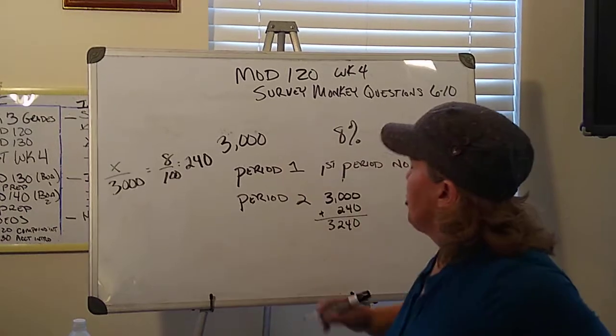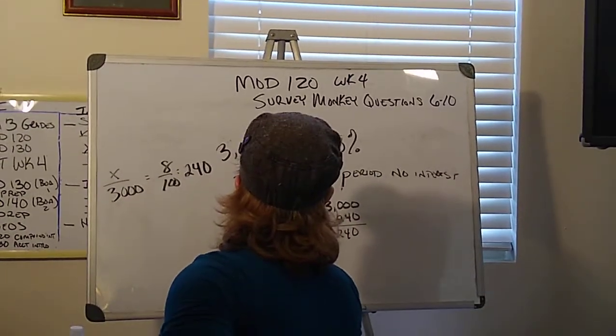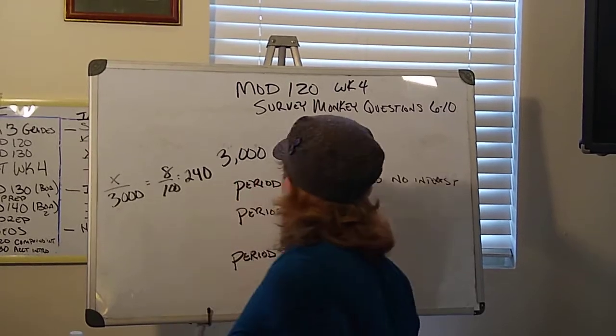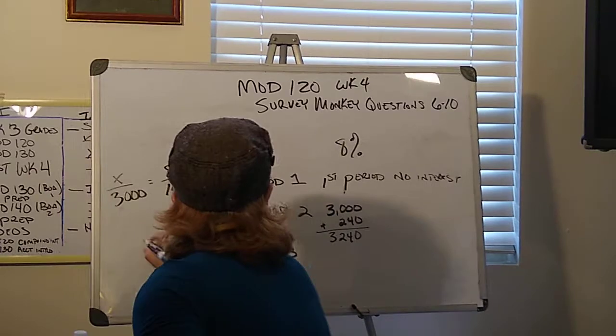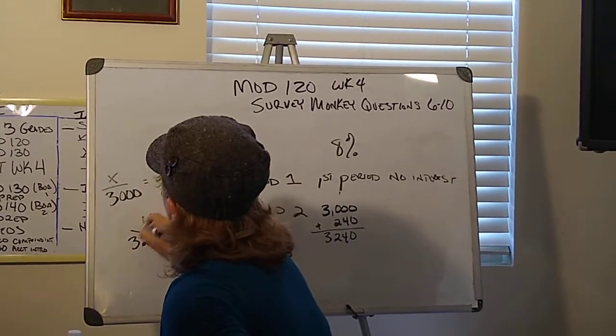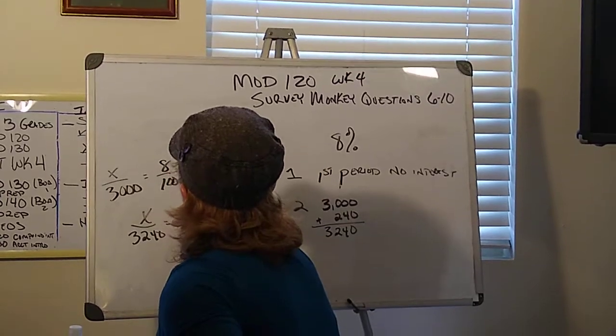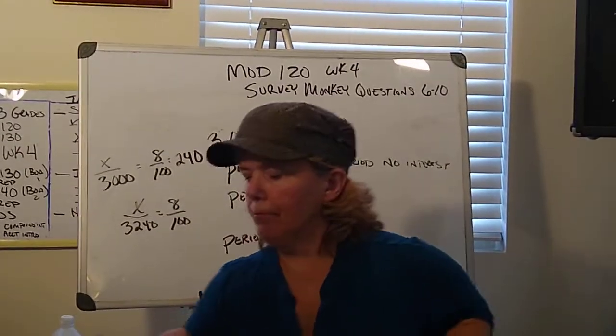3,240. So period 3, we're going to take that amount, 3,240, and figure out what's 8% of that. Okay.